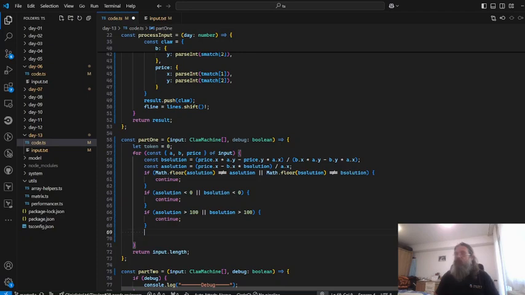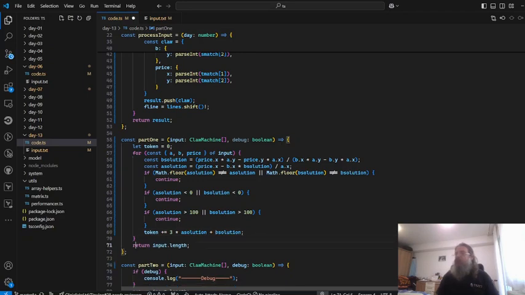If this doesn't work, otherwise, so we can say the token is equal to 3 times, that's not the correct number, 3 times the A solution plus the B solution. And then we just return the number of tokens.